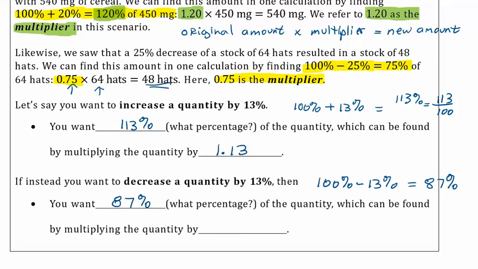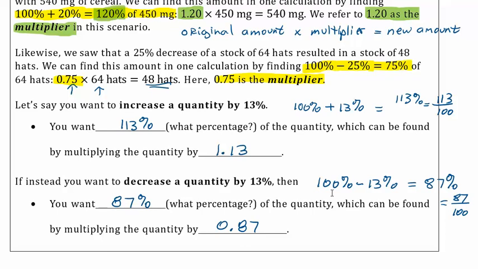So what's the multiplier? Well, it's just the decimal representation of 87%. Remember, 87% means 87 per 100, and if you divide that out, you're going to get 0.87. Or if you just think about place values, 87 hundredths. That's exactly how you read this number: tenths, hundredths.